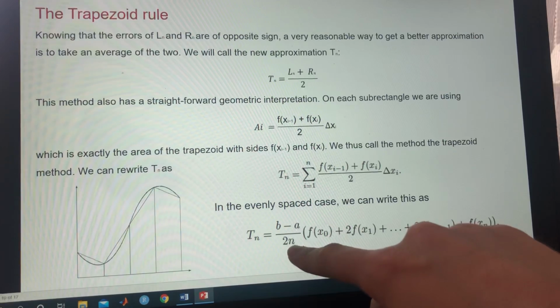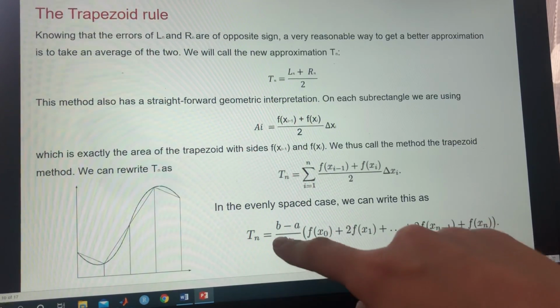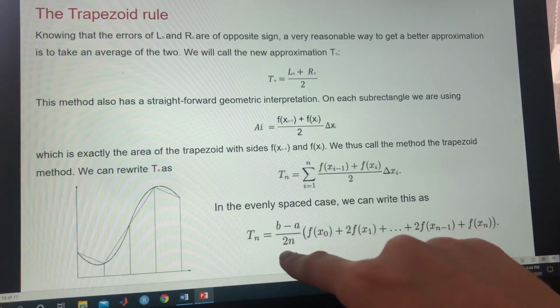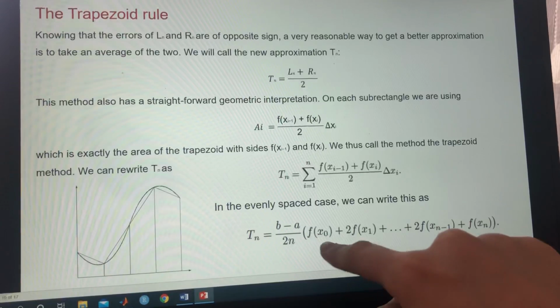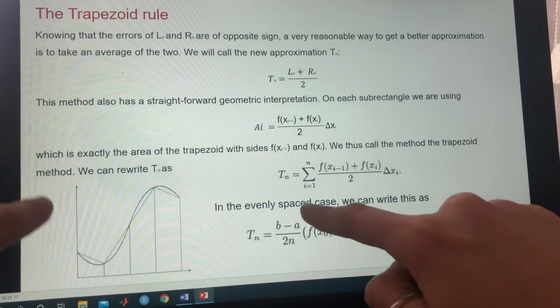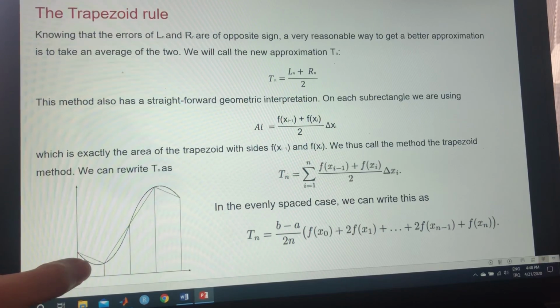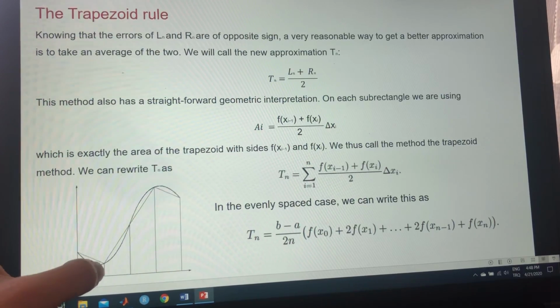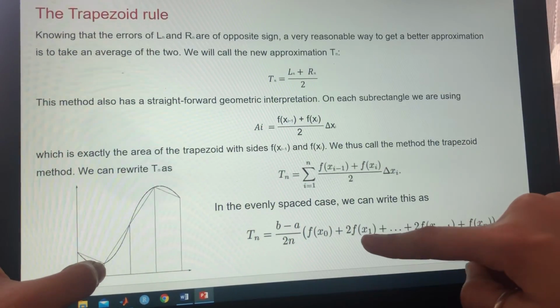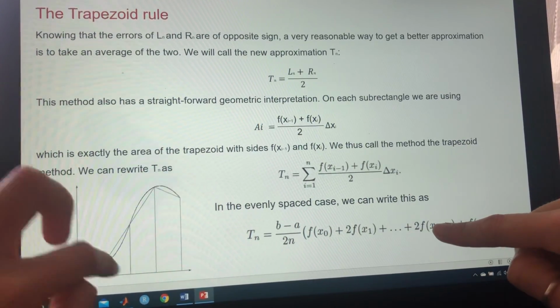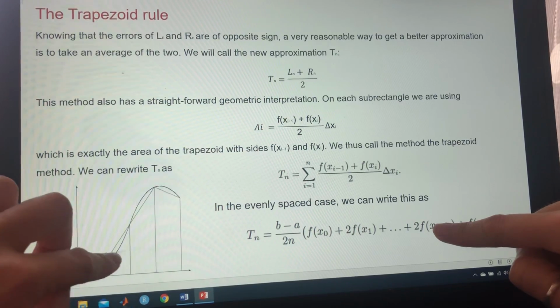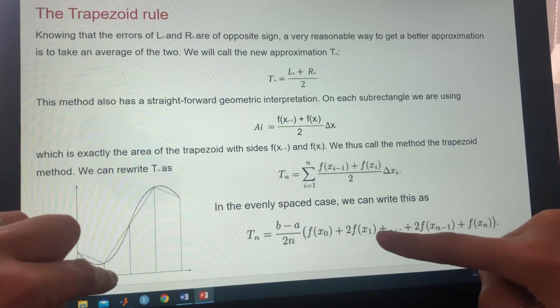(b minus a) over n is going to come from the base, over 2 is coming from the definition, and in this sum, f of x0 comes once because we are using this base only once for this trapezoid area. But this base is used for the first trapezoid area and the second one. That's why it's coming 2 times f of x1, plus all the interior bases are coming 2 times.